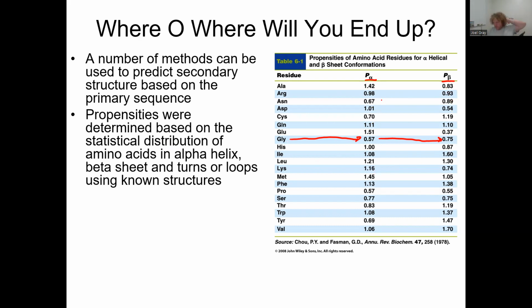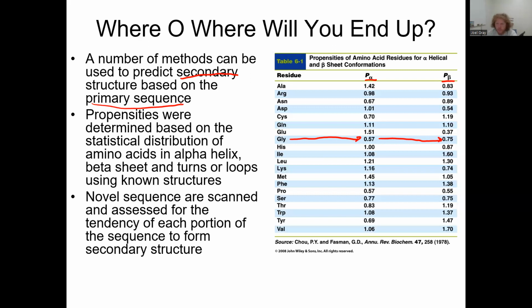Now, the value of this is it really gives you a way to predict secondary structure based on the primary sequence. Up until this was done, people looked at protein structures and had some rough ideas, but they really consolidated everything to date into, great, now we can predict what secondary structure element forms, if one forms at all.